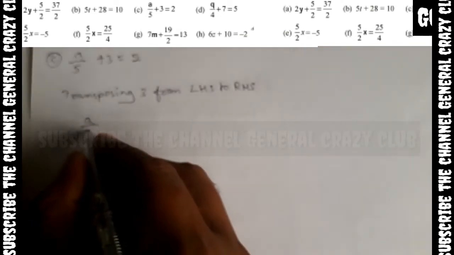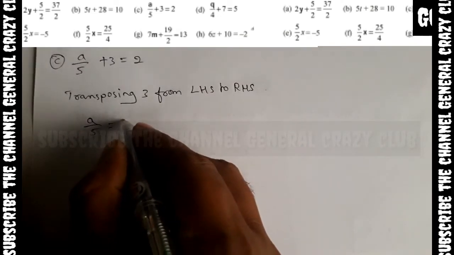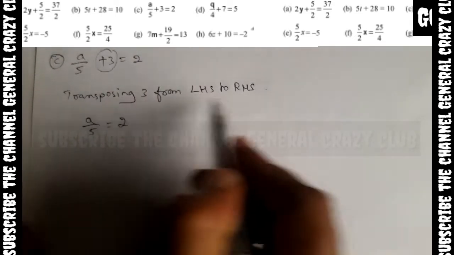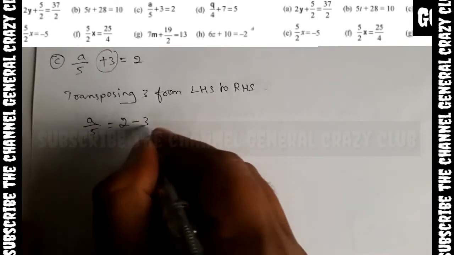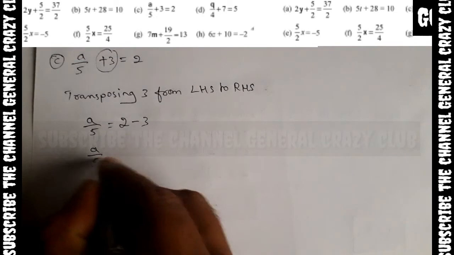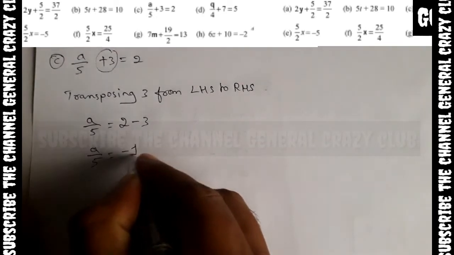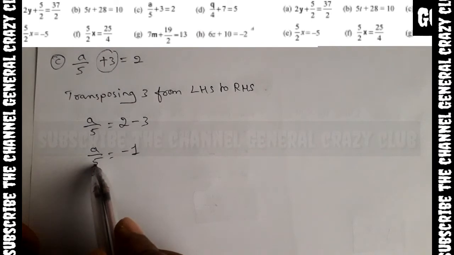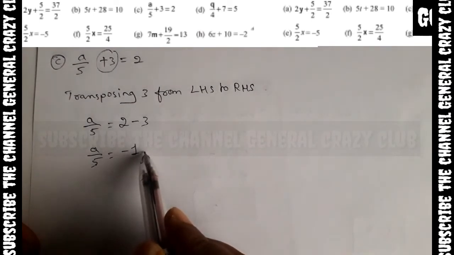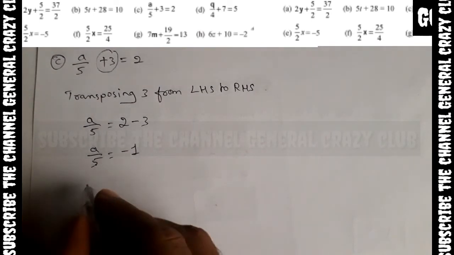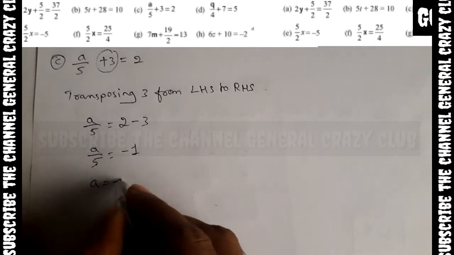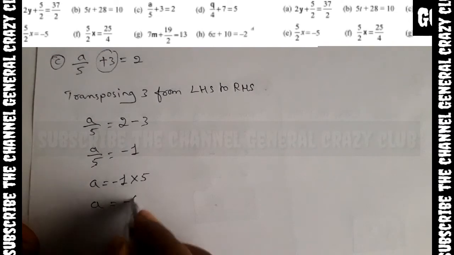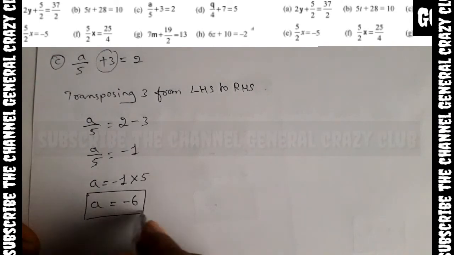Means a by 5 is equal to 2, and it is plus 3 here, so we are transposing it to minus 3. That means a by 5 is equal to minus 1. Here division by 5, transposing LHS to RHS, multiplication. A is equal to minus 1 into 5. A is equal to minus 5. Answer is minus 5.